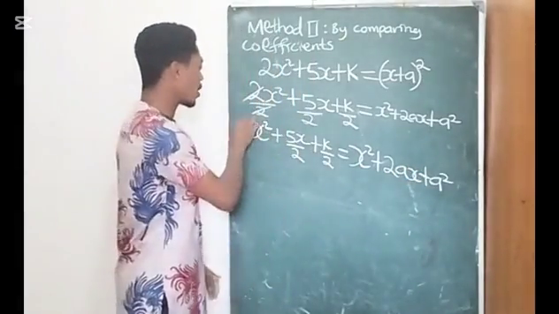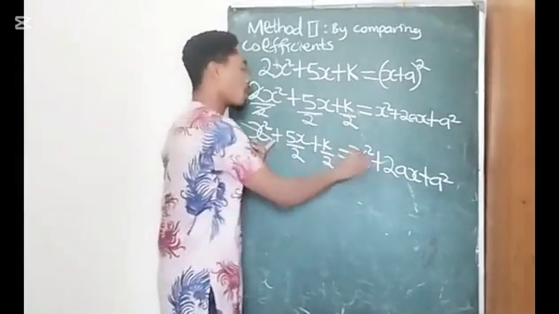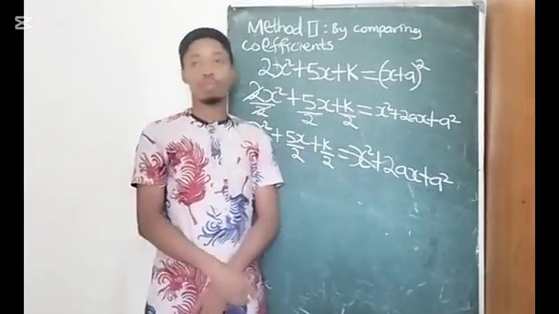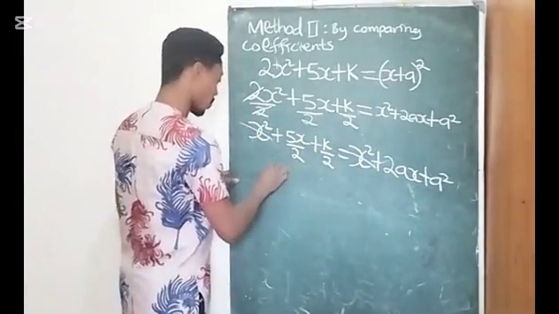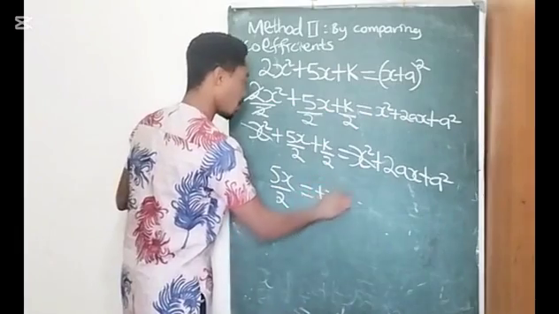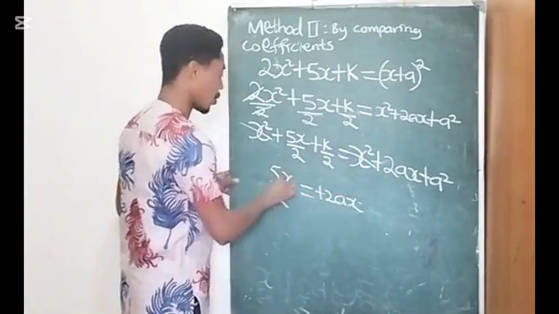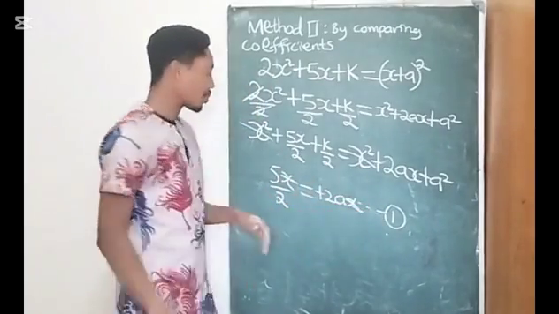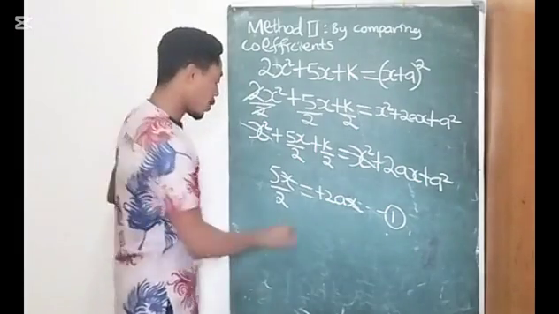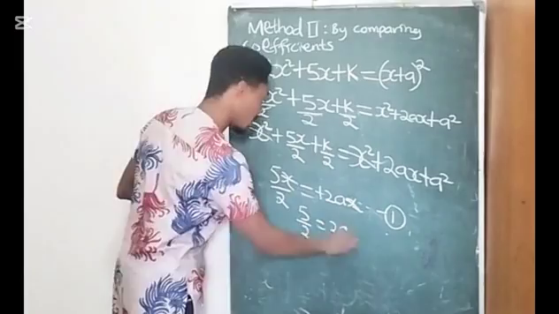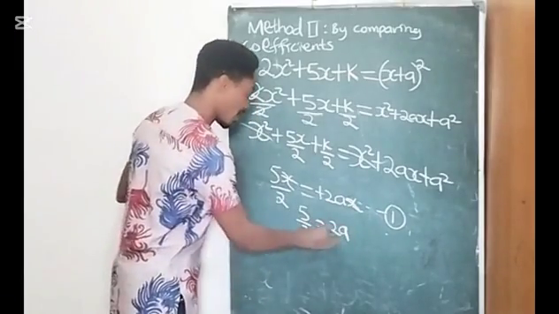So by comparing coefficients, you can see that x squared will cancel x squared. So let's compare 5x all over 2 to 2ax. 5x over 2 equals 2ax. Of course, this is equation 1. x cancels x, and what we have left is 5 all over 2 equals 2a.